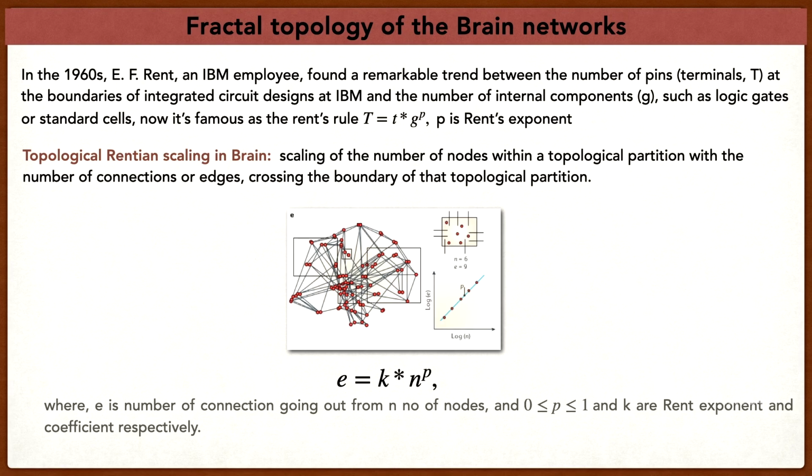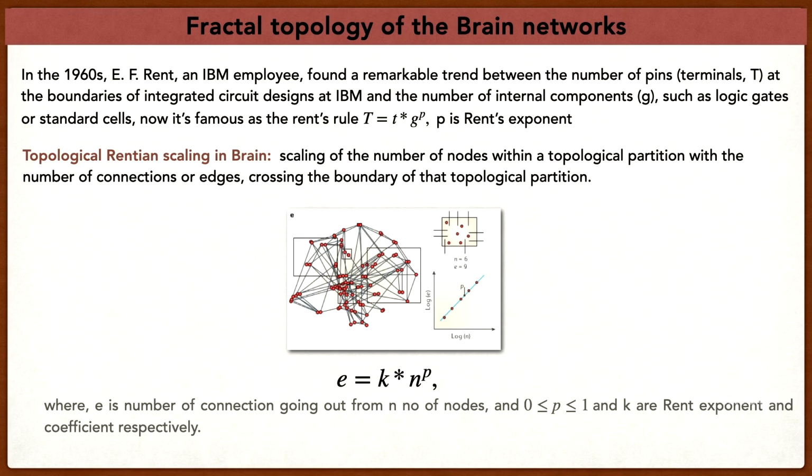And this idea came from, again, one more IBM employee. Mandelbrot was also an IBM employee. Okay, so he had given this Rent's law. His name was Rent. He gave this Rent's law that the number of pins you have on an IC chip scales with the number of components in this IC chip.